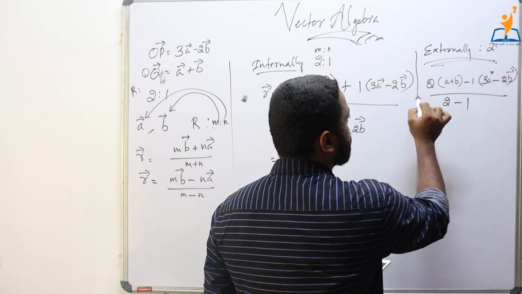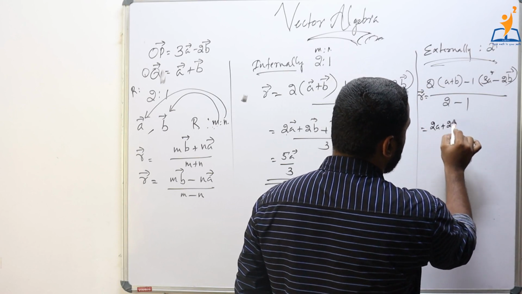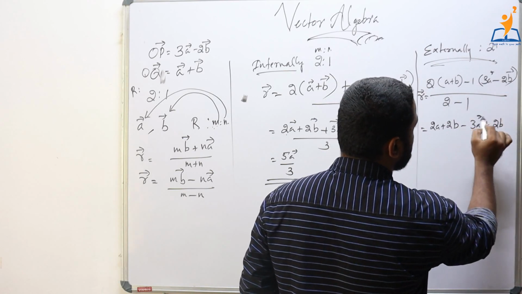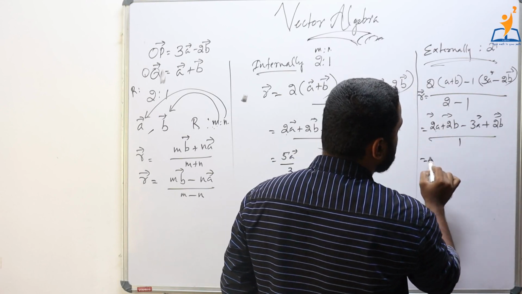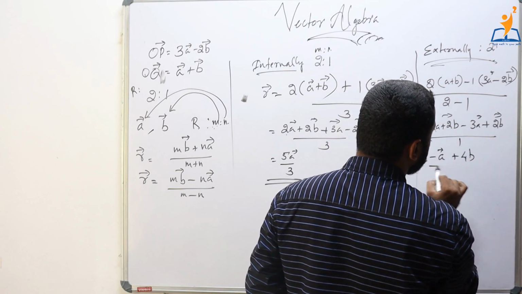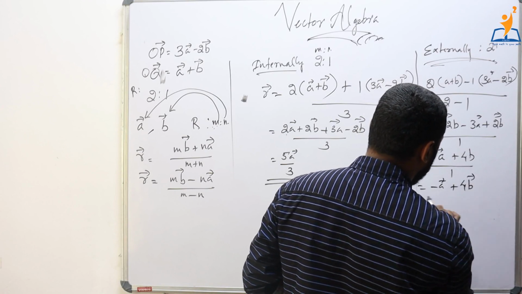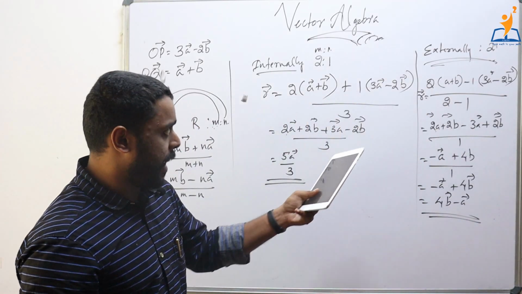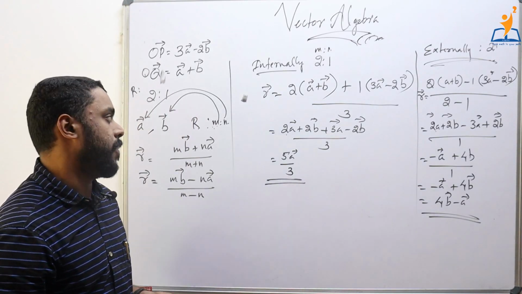So we have 2a plus 2b minus 3a plus 2b, since minus into minus becomes plus, divided by 1. Now 2a minus 3a is minus a, and 2b plus 2b is 4b. So minus a plus 4b divided by 1 is minus a plus 4b, or 4b minus a. So this is the position vector when the point divides externally, and the earlier one is the position vector when the point divides internally.